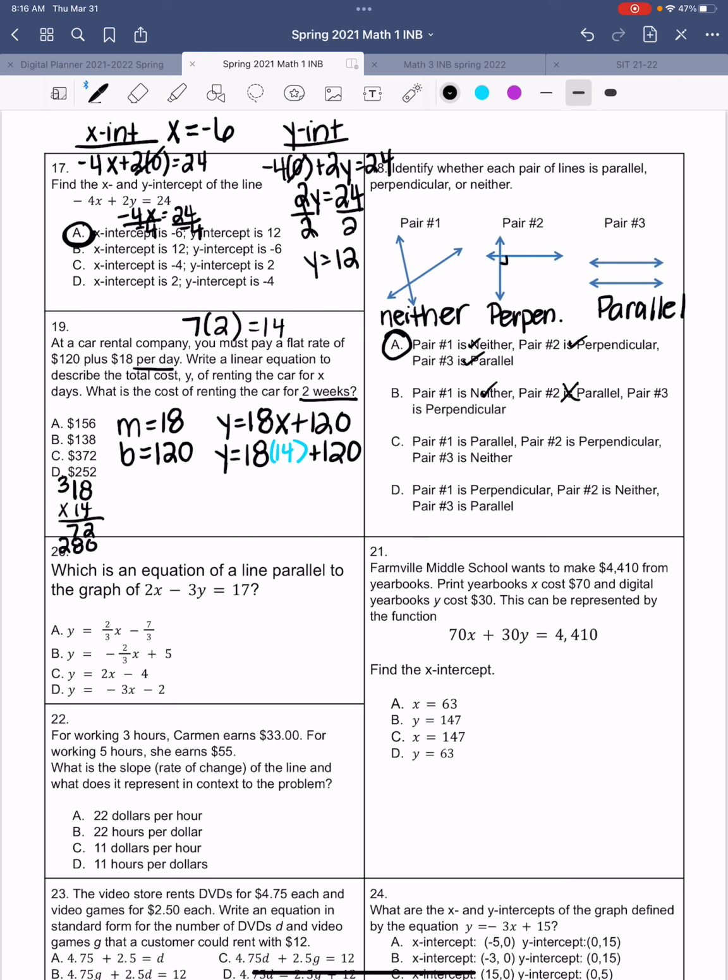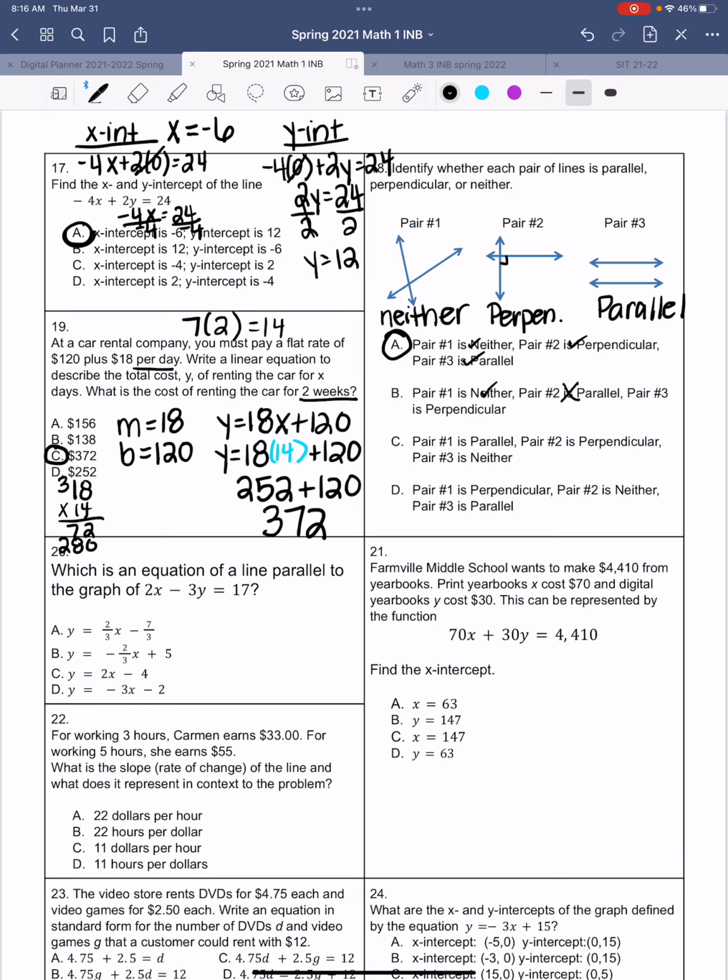If I add those together, that's going to give me 252. Sorry about that. Plus 120 that we need to add to it. So that's going to give me $372. So the answer is C.